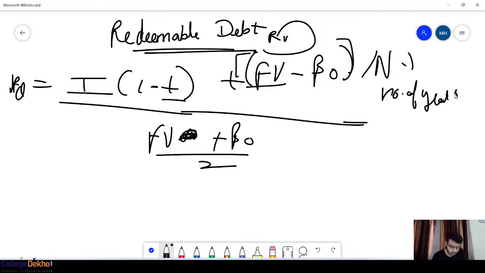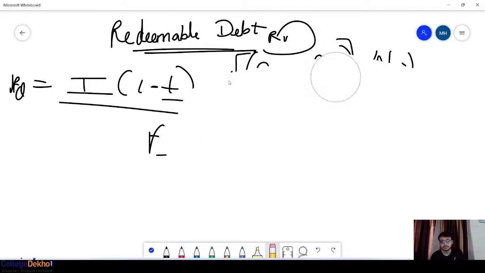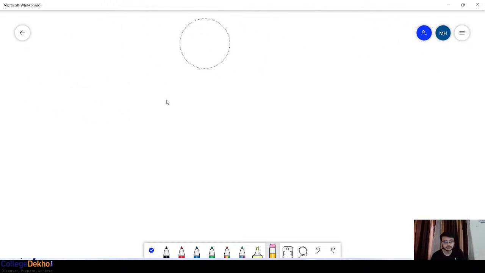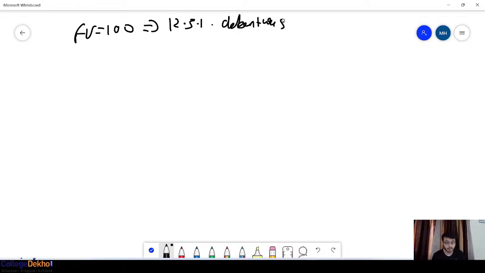Now let's do a short question on this also. Remove all those questions. ठीक है. अब in the question they have given you, face value is 100, company has issued 12.5% debentures, which are redeemable after 7 years. मतलब 12.5% का इंटरेस्ट पे करेगी कंपनी 100 रुपए पे, 7 साल का मैच्योरिटी पीरियड है.